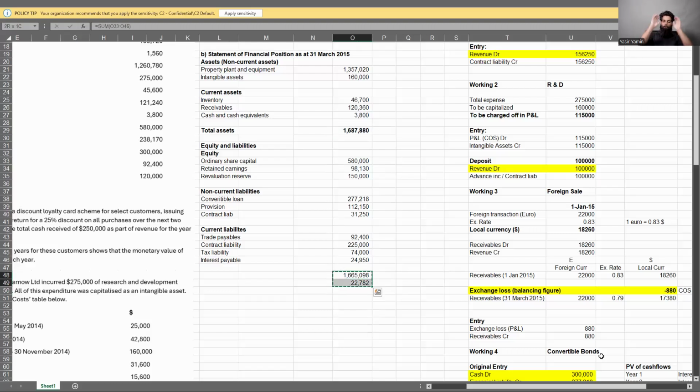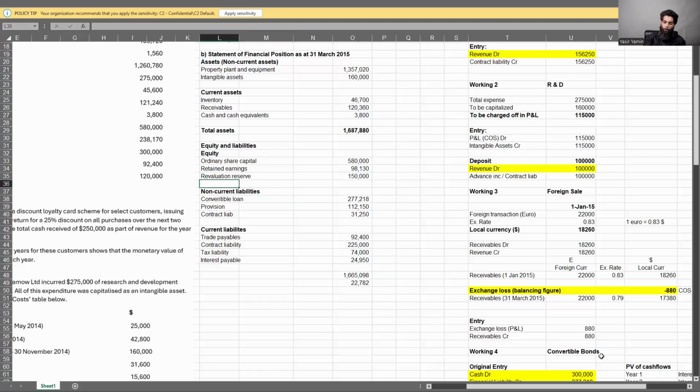Can anybody tell me what is this 22,782? I have missed something. No, it's not a current liability. How can you say it's a current liability? It's an exact value.